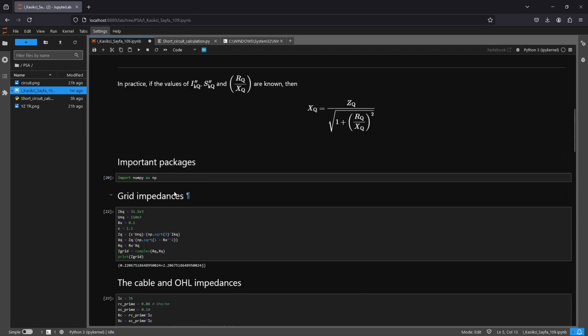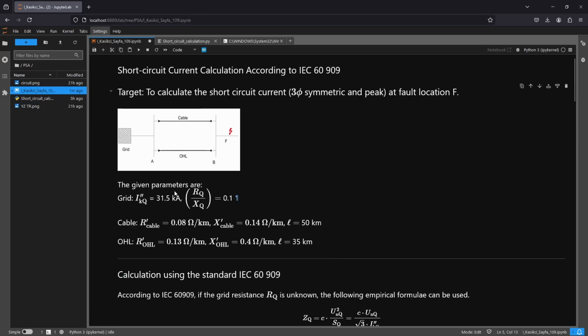So this is quite a basic circuit to calculate the short circuit for, but if we have a much more complex circuit, the application of the standard IEC 60909 would be similar.